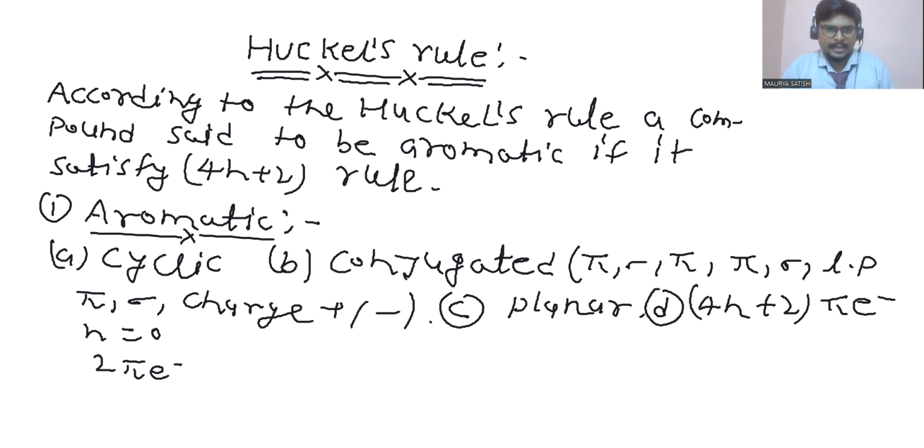If you put n equals 1, you will get 6 pi electrons. If you put n equals 2, you'll get 10 pi electrons. Like that, you can check. So this is the condition for an aromatic compound.